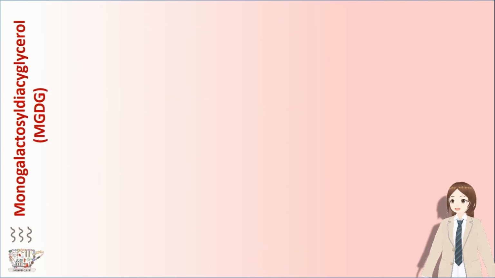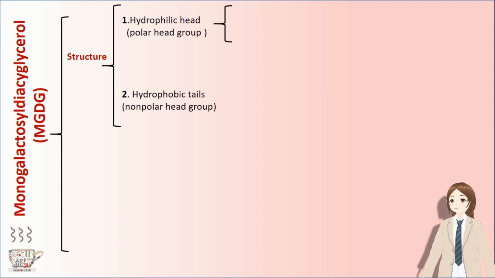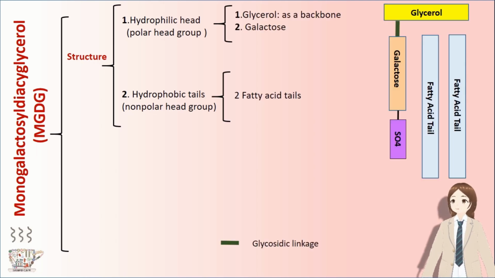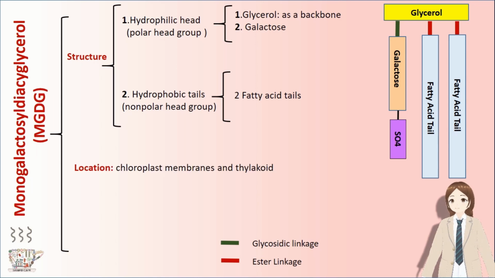Galactolipids are divided into two categories. One category is monogalactosyl diacylglycerol or MGDG, which has one galactose in the polar head. It's located in chloroplast membranes and thylakoid, and it plays a role in photosynthesis.